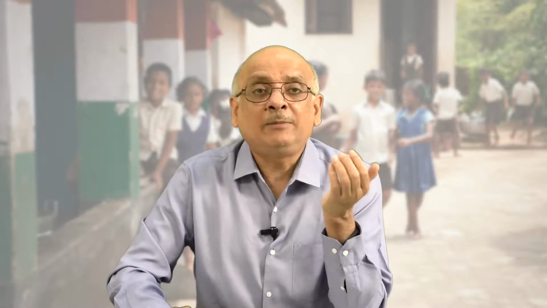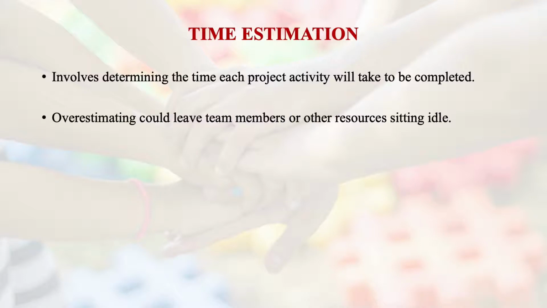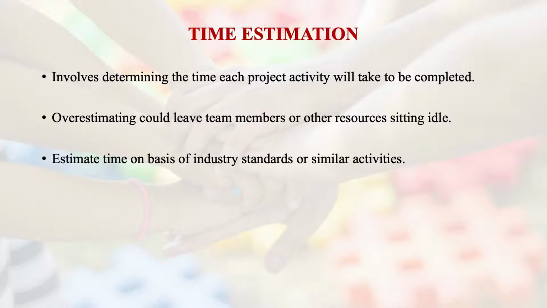Then comes the time estimation. Time estimation involves determining the time each project activity will take to get completed. Overestimating could leave team members or other resources sitting idle, so we'll be wasting precious resources, the team members. Estimate time on the basis of industry standards or similar activities.